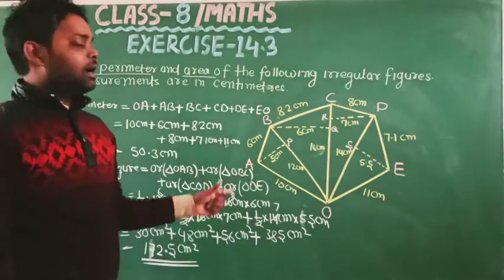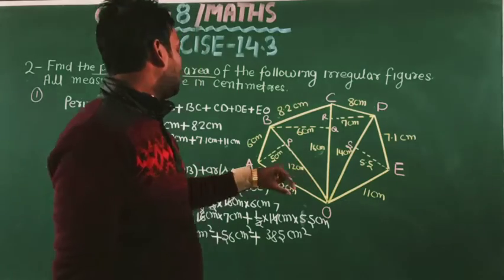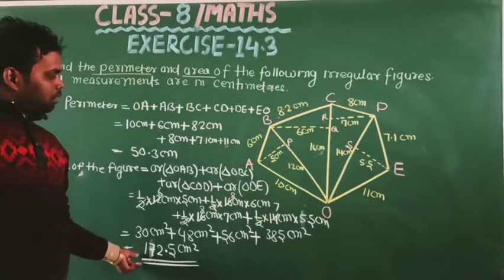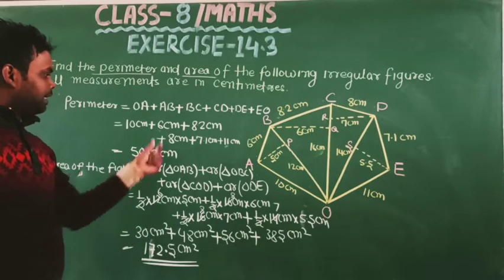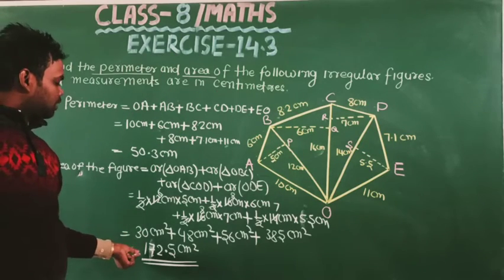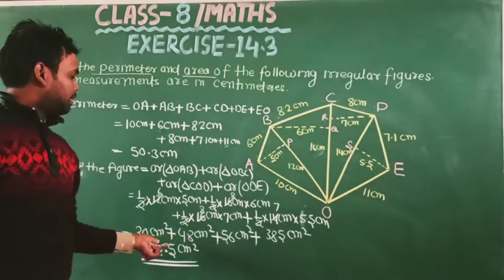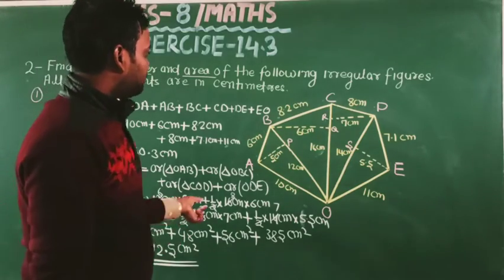This is the area of the irregular figure. So the perimeter of this figure is 50.3 centimeter and the area of this figure is 172.5 centimeter square. This is the answer of this question.